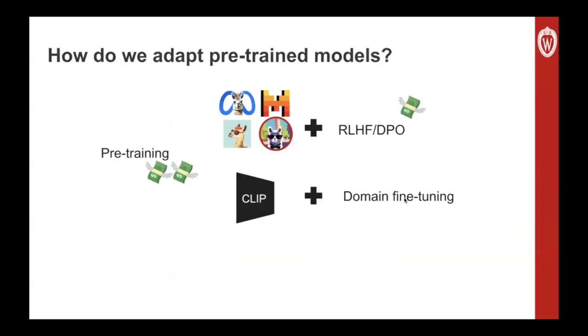So these companies that built these models already spent billions of dollars and collected a lot of data to produce these CLIP models, but then we as the users of these models again have to do further fine-tuning or adaptation, which takes more effort or money from our side.